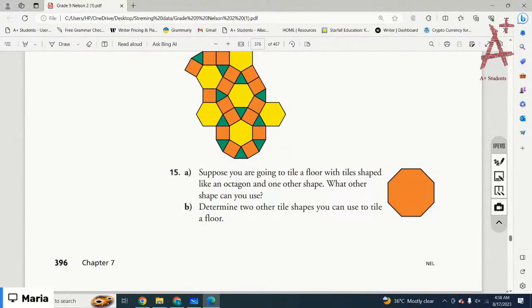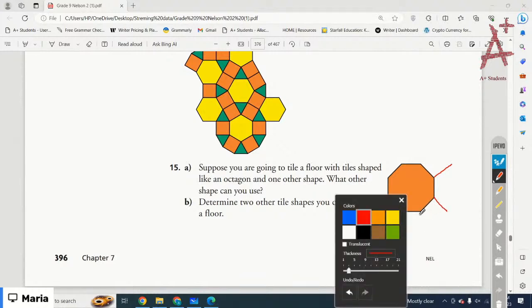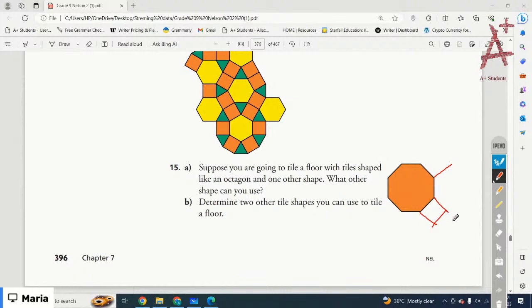Like if you place this one side to side, right? Every time you place the polygons like this, like this, like this, and this side you have a polygon, this side you have a polygon, you're left with this one, right?